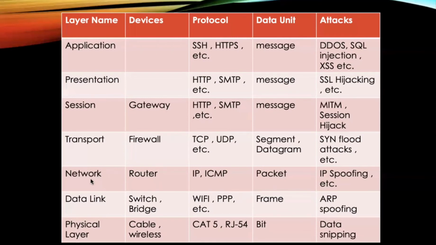It adds the IP address of the destination machine and the source machine to the packet. The devices used in the network layer are routers. We know that at home we use a router. It basically routes the data to the destination.